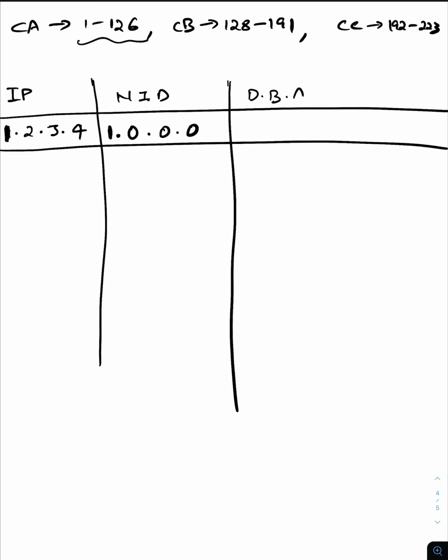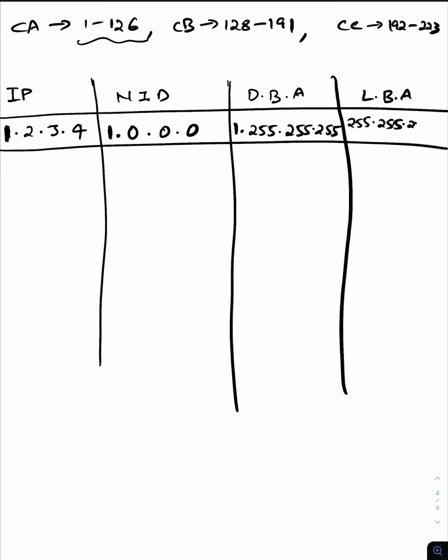And what is your direct broadcast address? As I told you, the direct broadcast address is your network ID followed by all ones, which is 1.255.255.255. And what is the limited broadcast address for this? It's always 255.255.255.255, right?